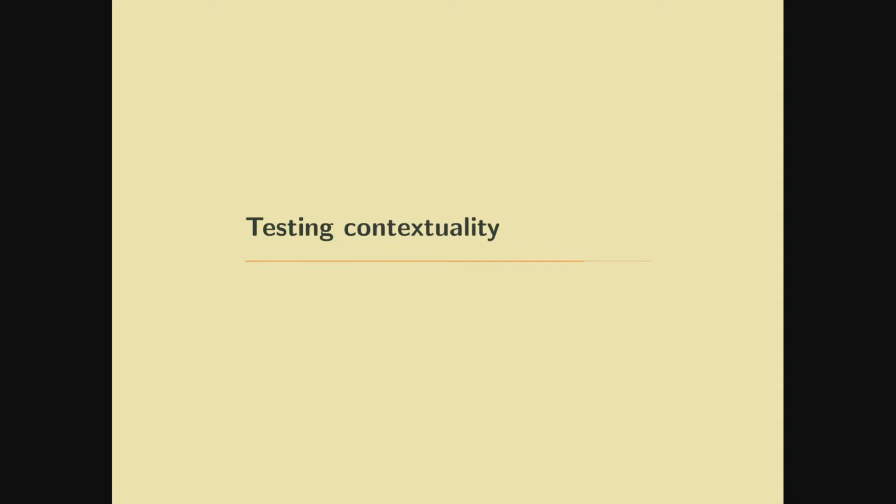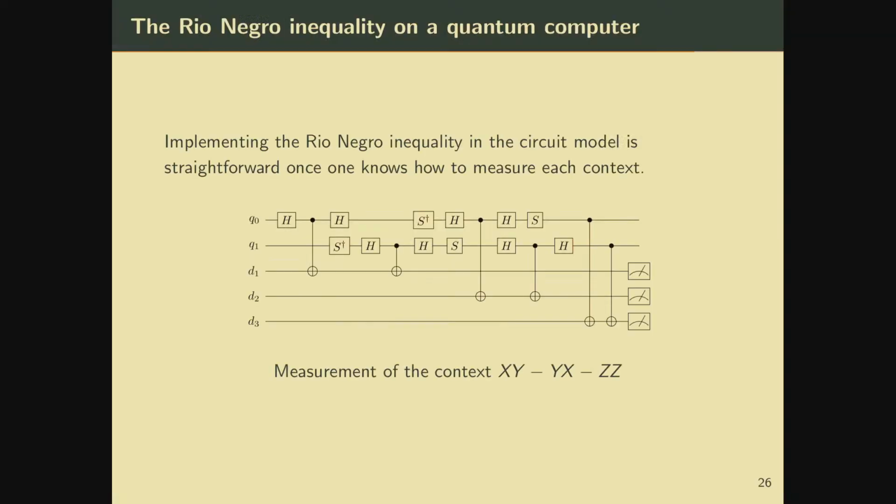And how are we going to test the Rio Negro inequality on a quantum computer? Well, in the circuit model, it's straightforward because we know how to make delegated measurements. So for instance, this circuit implements the measurement of the context XY, YX, ZZ.